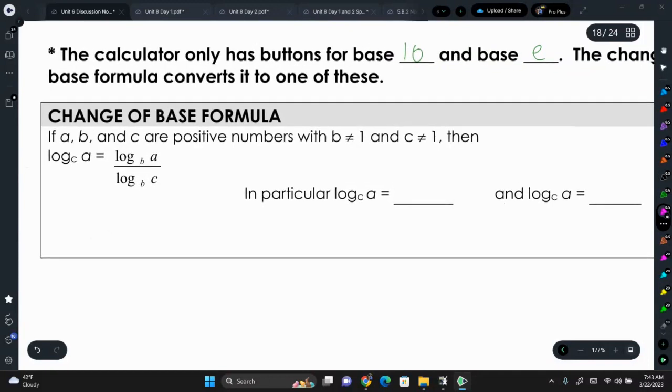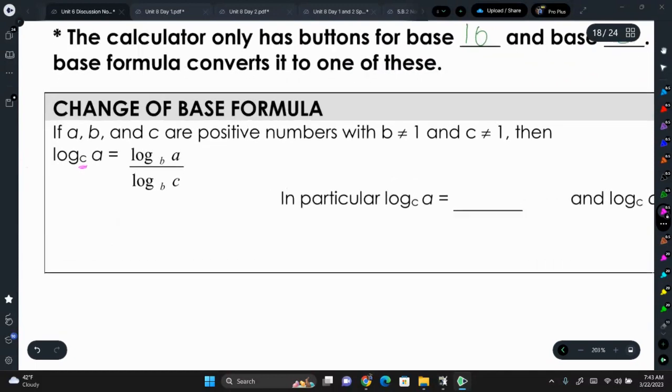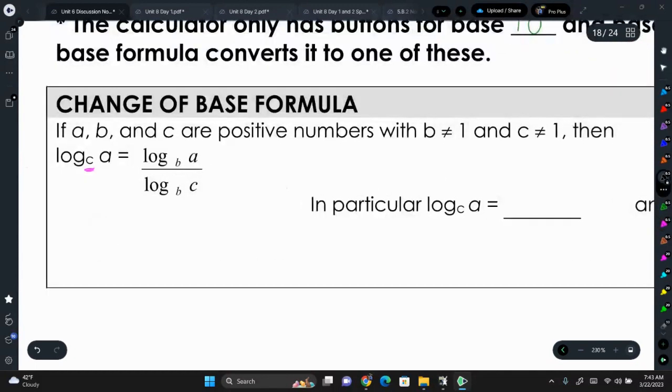So what that means is that if we have log base C of A, we can rewrite this using division: log base B of A divided by log base B of C. Notice C is your base. C is in the bottom of the fraction.